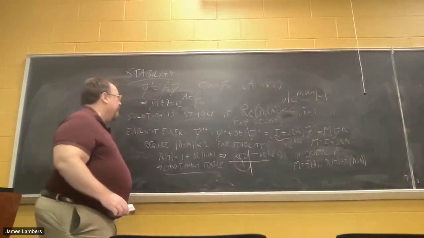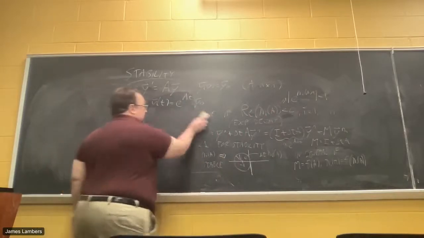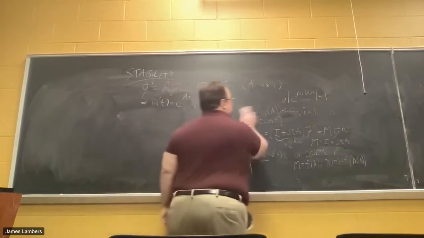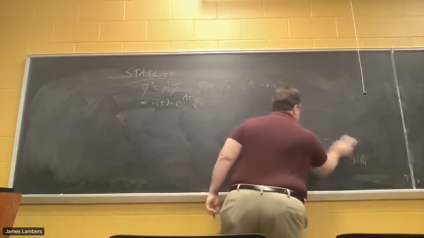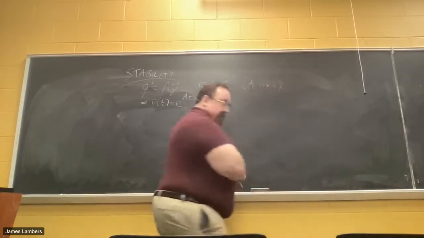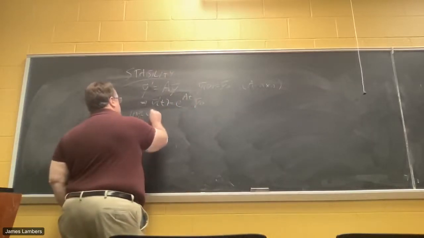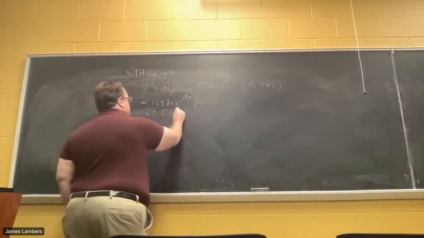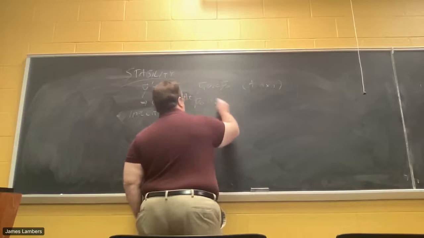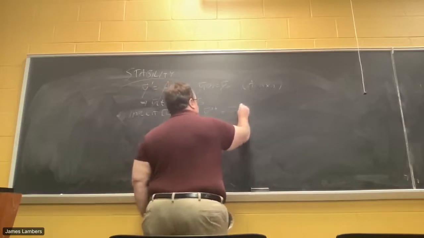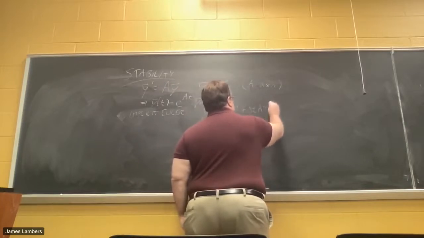Now let's take a look at implicit Euler. Implicit Euler applied to this system is y n plus 1 equal to y n plus delta t A y n plus 1.